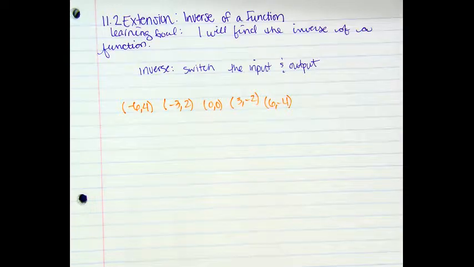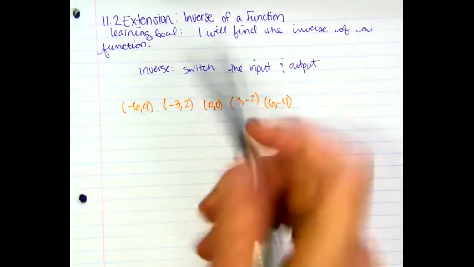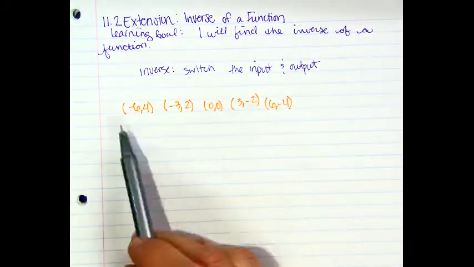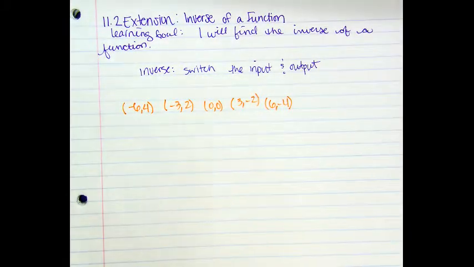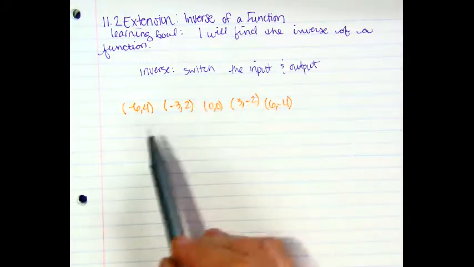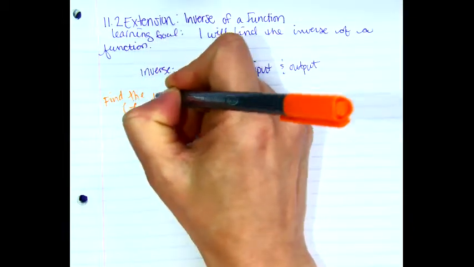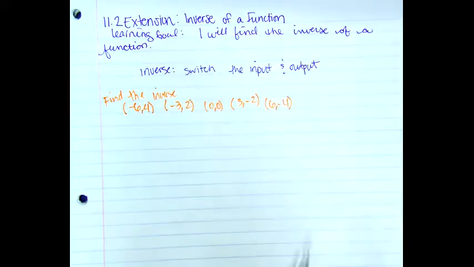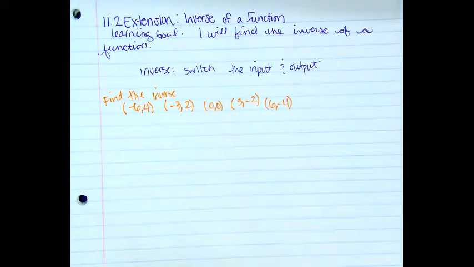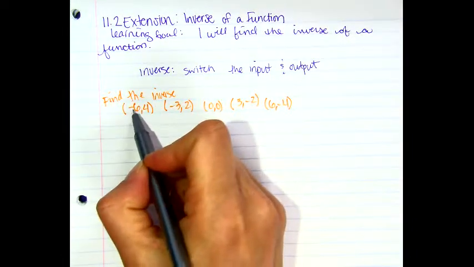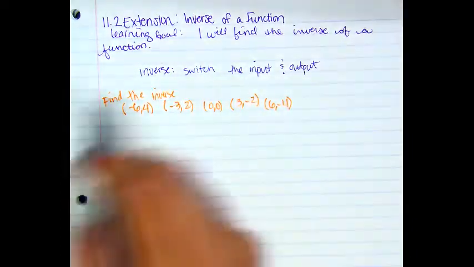Okay, so for this first example, we have a bunch of points. This is a relation. It's actually a function also. But we have a bunch of points here, and we want to find the inverse. So we literally just have to switch the x and the y values, because remember, the x value is the input, and an inverse is where you switch the input and the output.